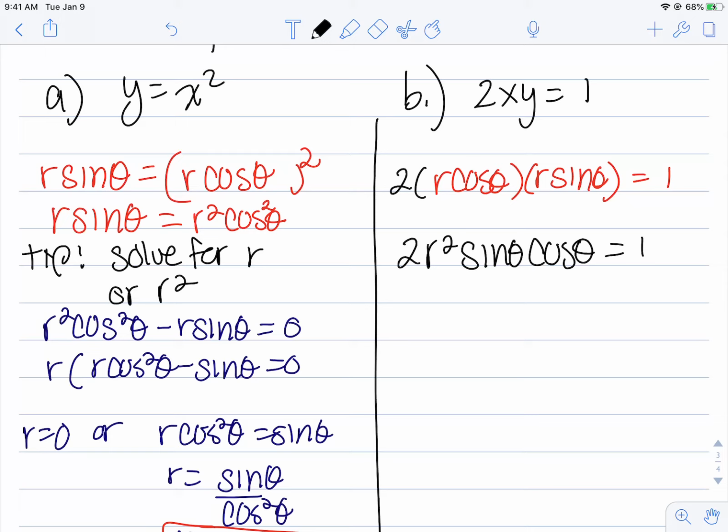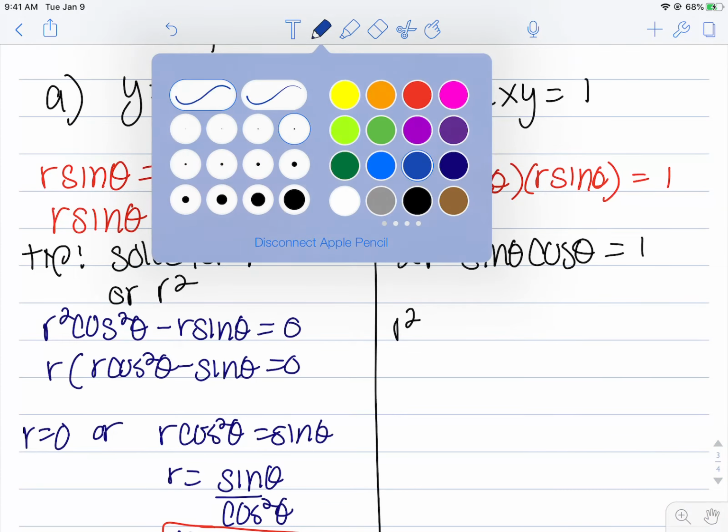How can I simplify this? I have r squared times, do you see it?